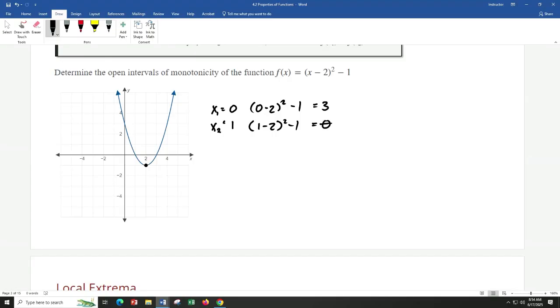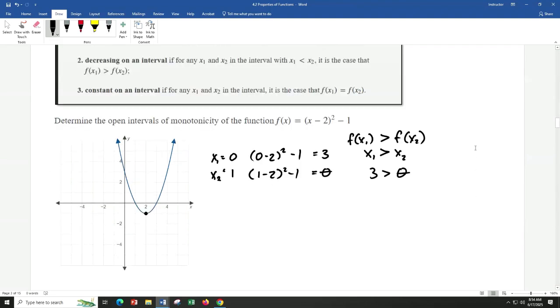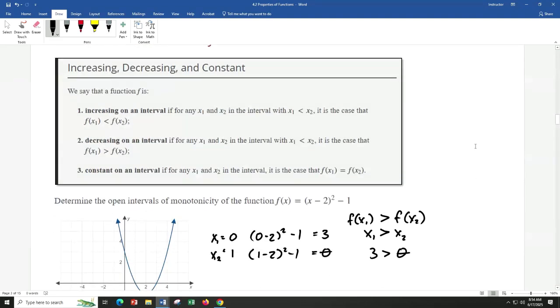Well, look at this. My x1 is smaller than my x2, but the function of x1 is larger than the function of x2, because we do know that 3 is greater than 0. I can scroll back up here and go, okay, what's happening to the function right there whenever that happens?